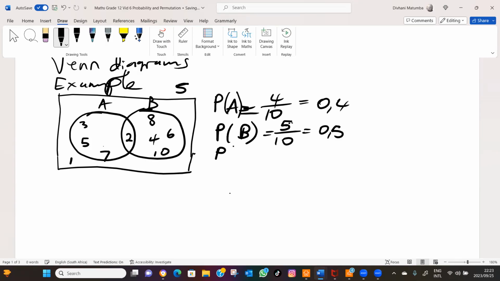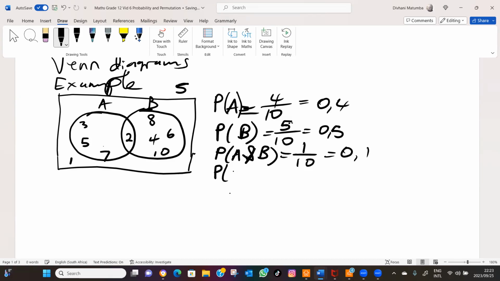What is the probability of picking a sample within A and B? It's only one number, only 2. Two is within event A and B. So we have 1/10, which is 0.1.